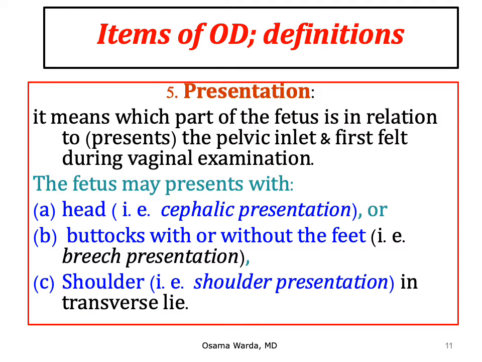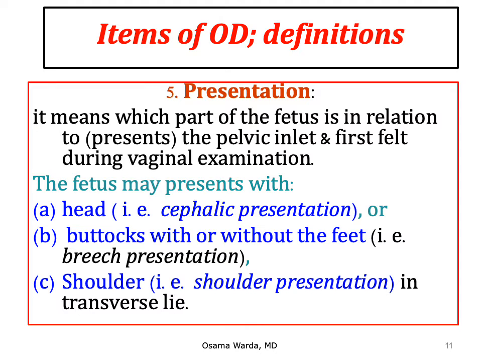We come to the breech. If the fetus presents with its buttocks with the 2 feet and the attitude is complete flexion, this is called complete breech. Complete breech means there is complete flexion of the whole joints of the lower limb: the knee is flexed, the hip is flexed, the ankle is flexed.